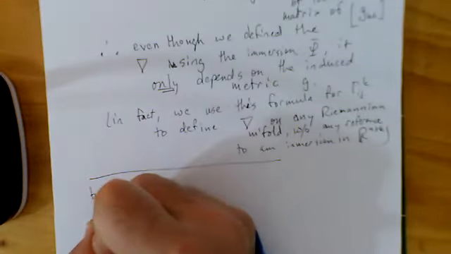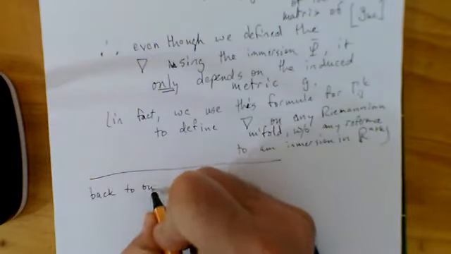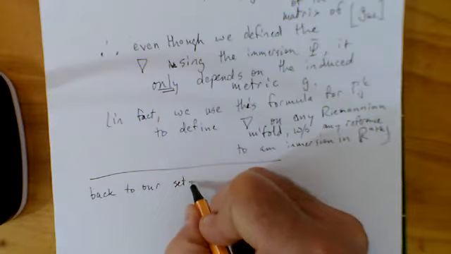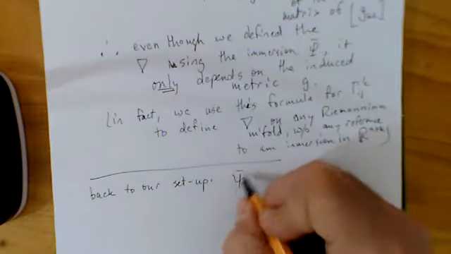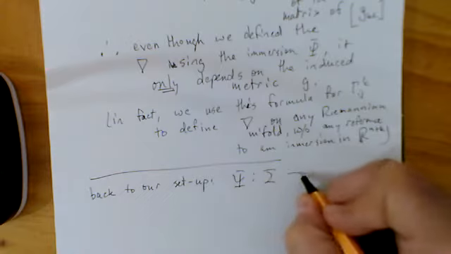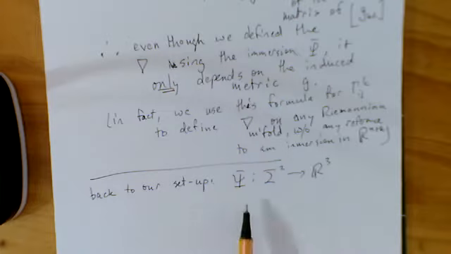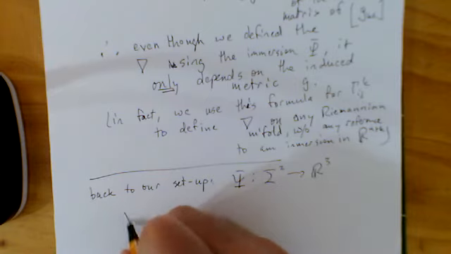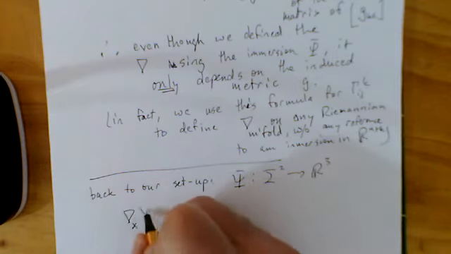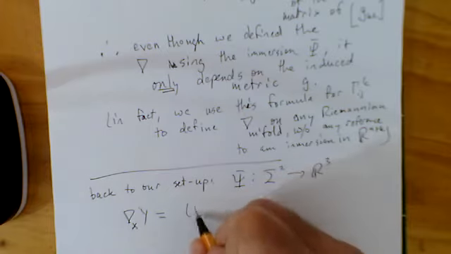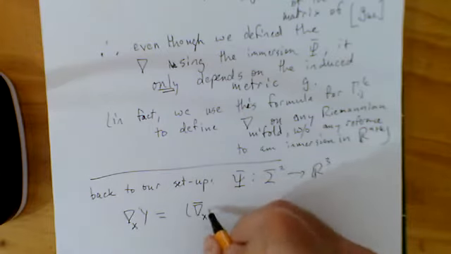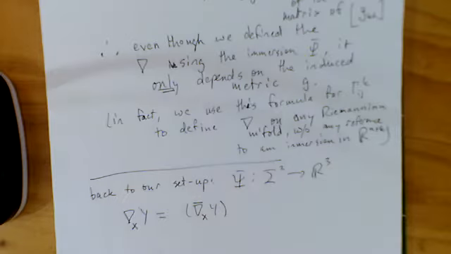Okay, so back to our picture. We have a surface immersed by some function psi in R3. We have our covariant derivative defined by taking the ambient flat covariant derivative and projecting onto the tangent space.